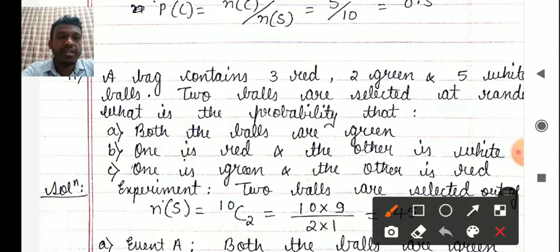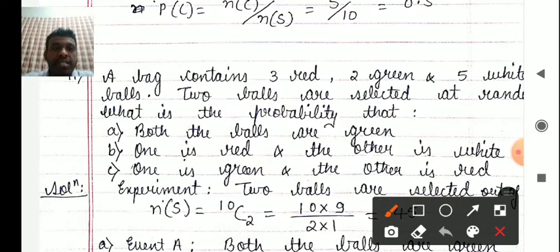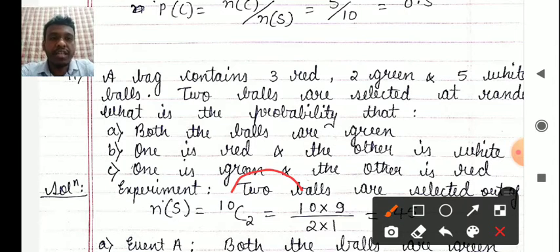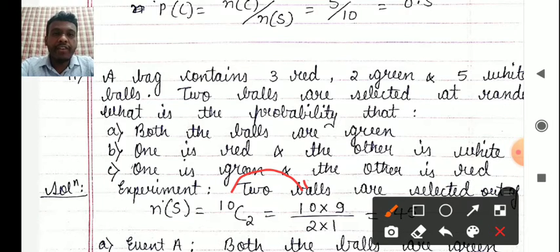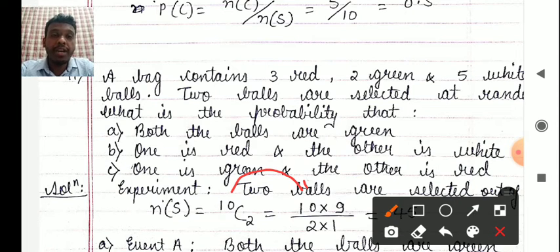Now how this comes is, the first number is taken here, 10, in the numerator, and you have to go one step behind each time. So 10 into 9 into 8 into 7 into 6 into 5 into 4, and so on, up till how many digits you have to take? In this case 2 digits, because 2 is at the bottom.